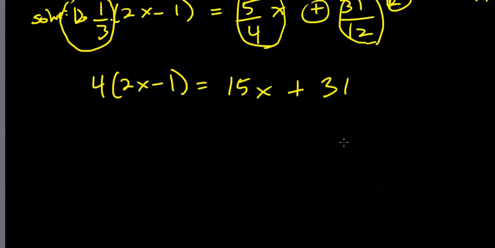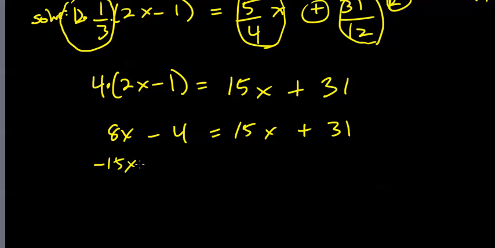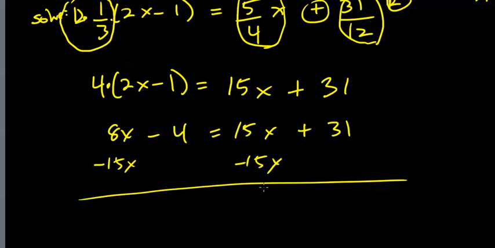All right, so it looks very much better than it looked before. Let me go ahead and perform this multiplication now on the left. I'll get 8x minus 4. Check that. 8x minus 4 equals 15x plus 31. All right, what am I going to do here? I suppose I might subtract 15x from both sides. That way my x variable will end up on the left.